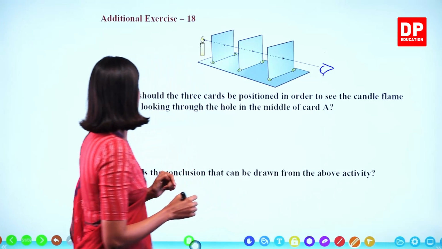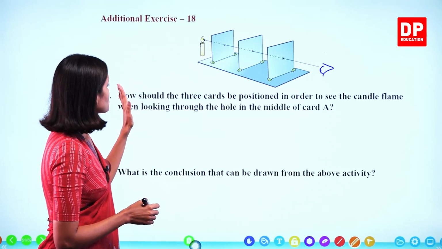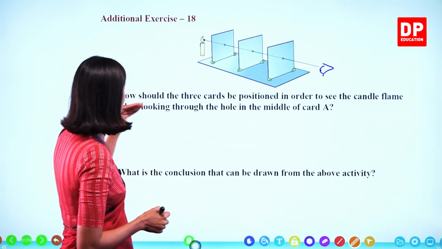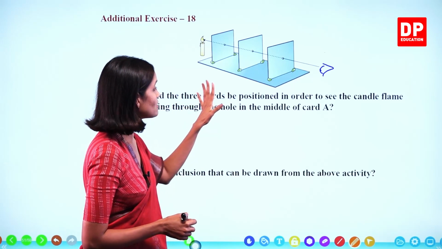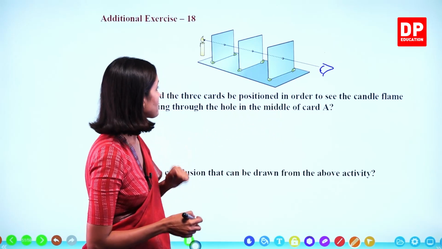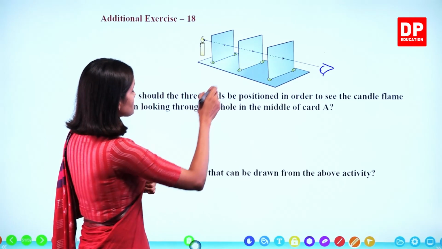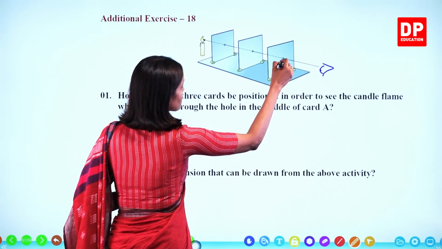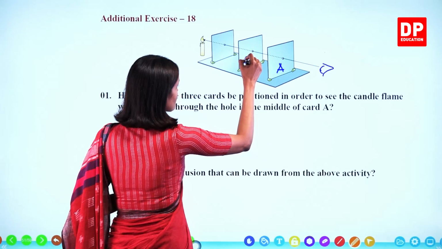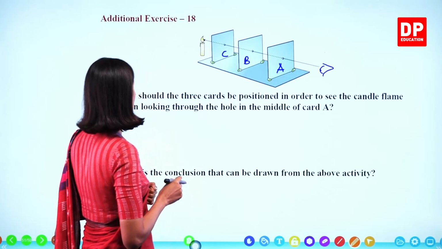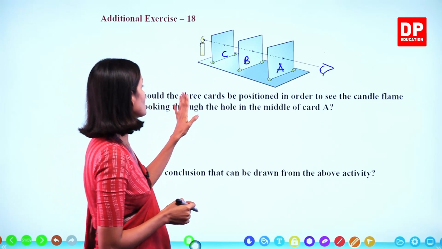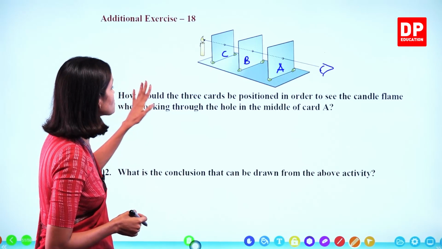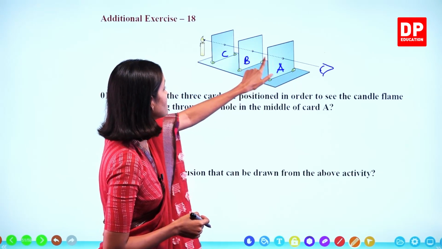How should the 3 cards be positioned in order to see the candle flame when looking through the hole in the middle of card A? We will first name them. This one is A, B, C.